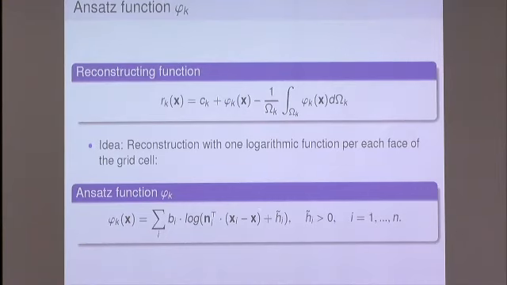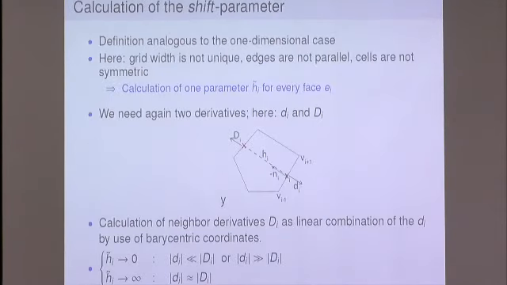So it has the same structure, and you have here a logarithm of an affine function. With this ansatz function we then construct in the same way this function rk. It's the integral of that minus the function, so that in all cases both functions have the same cell-centered value. The next thing is how to choose this shift parameter for each face.